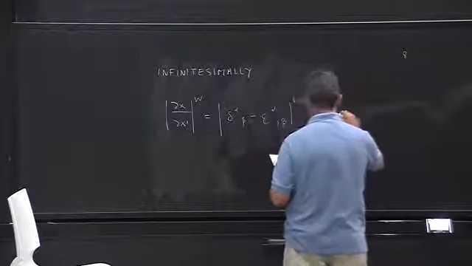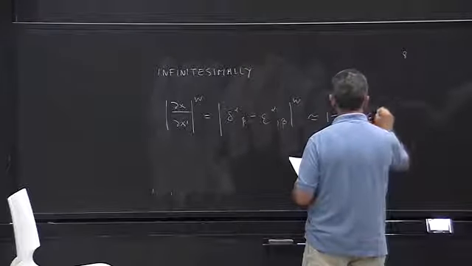This is approximately 1 minus w epsilon alpha comma alpha.